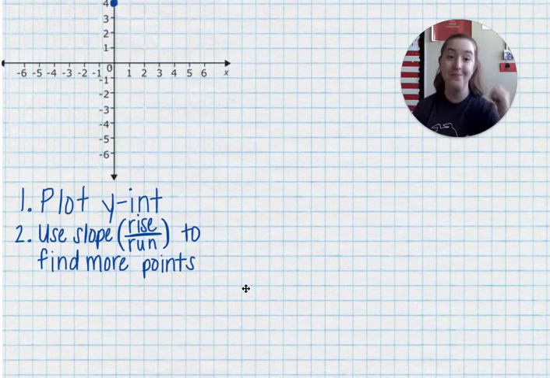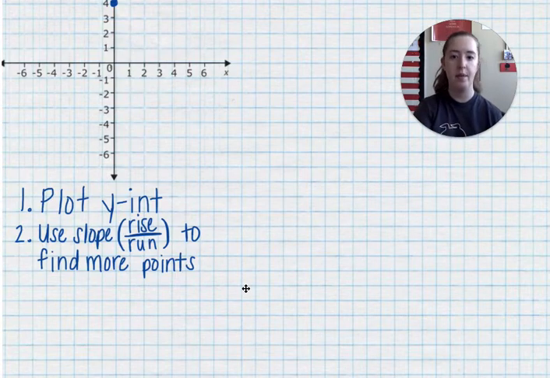All right. So we're going to use our slope to find more points. If you need another second to write that down, make sure you pause me. I'm going to go ahead and scroll back up now.